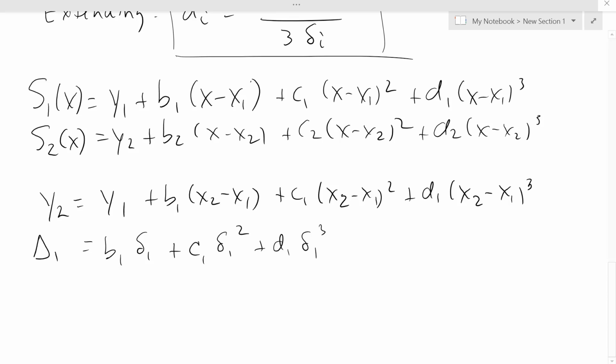So just again for notation, delta sub i will be y sub i plus 1 minus y sub i. So your deltas are representing changes. Little delta is for the x, big delta is for the y. So far, so good?